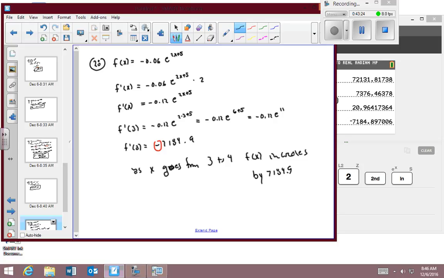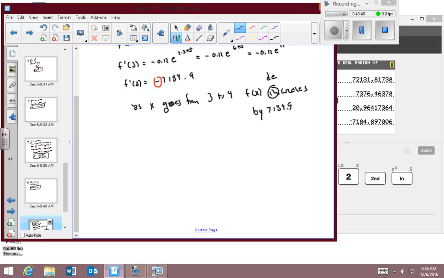It seems like e to an exponent ought to be a growth. It seems like it should decrease. And maybe what you're saying, maybe this should decrease.